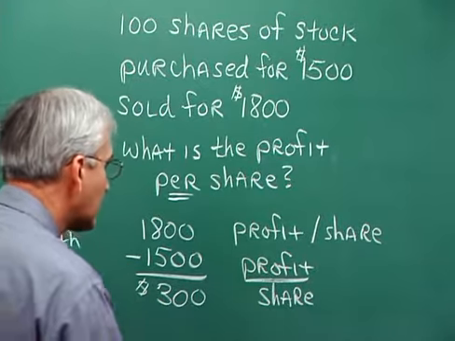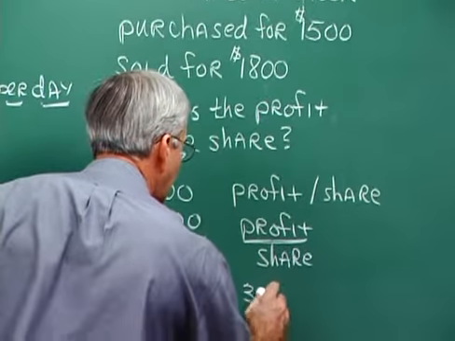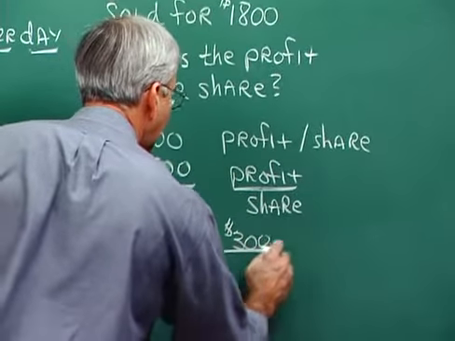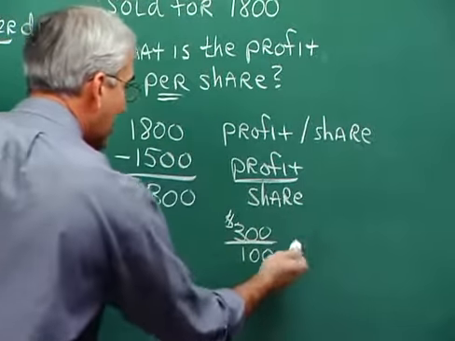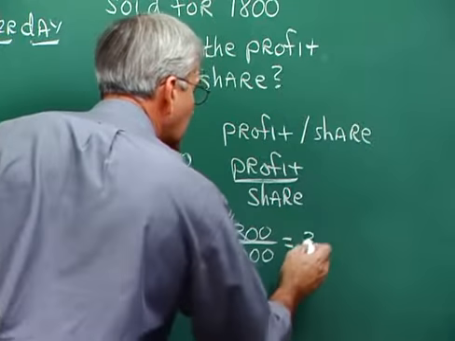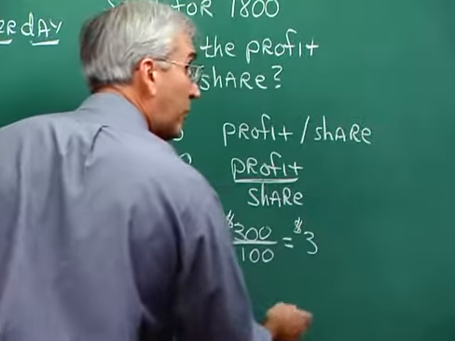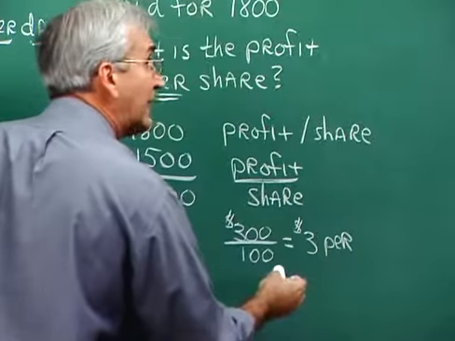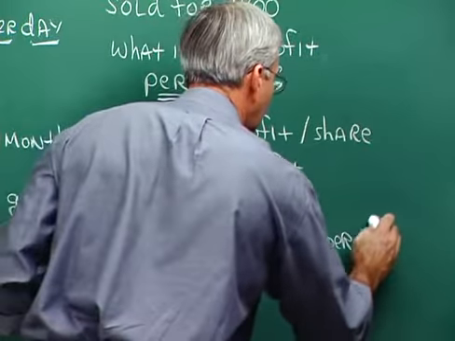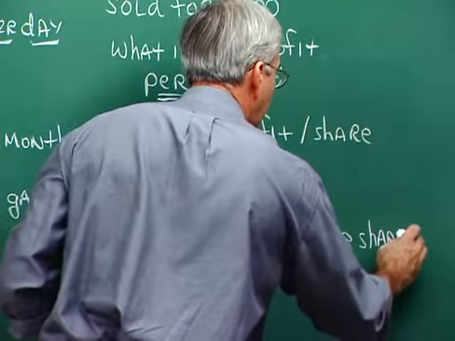And the profit is 300, so we have a $300 profit, and we're going to divide by the number of shares, which is 100. And when we divide here, we get 3. So it's $3 of profit per share. The profit is $3 per share of this stock.